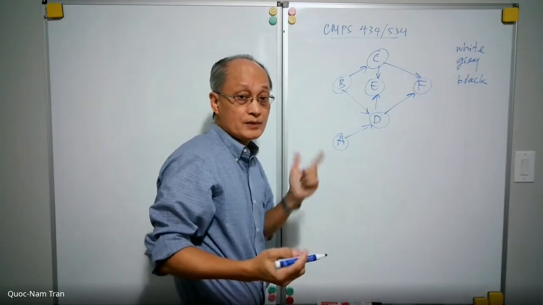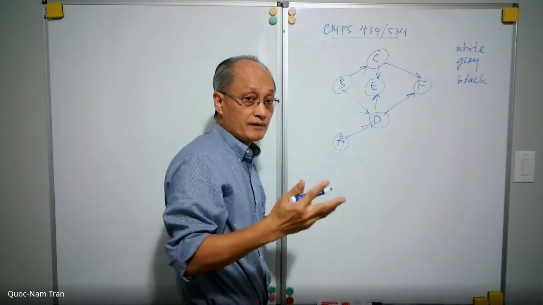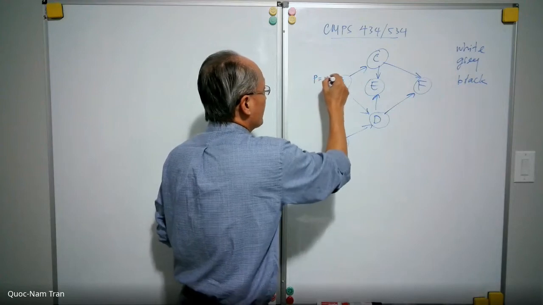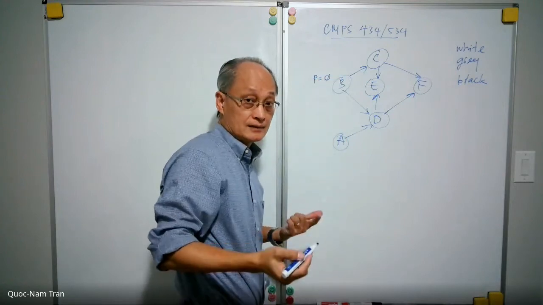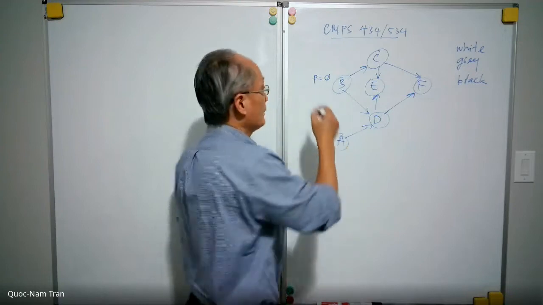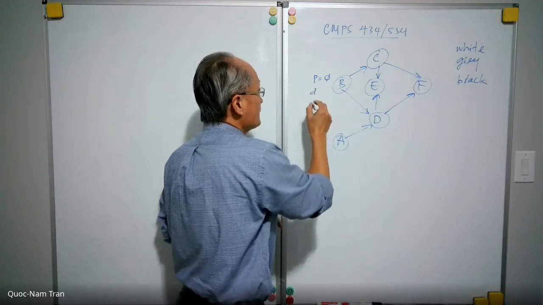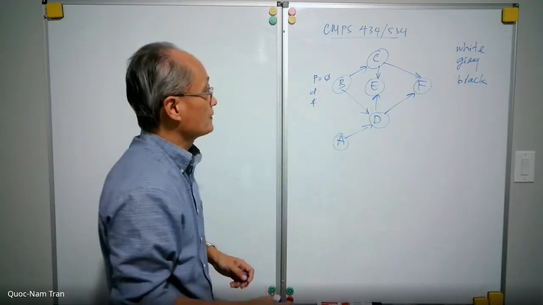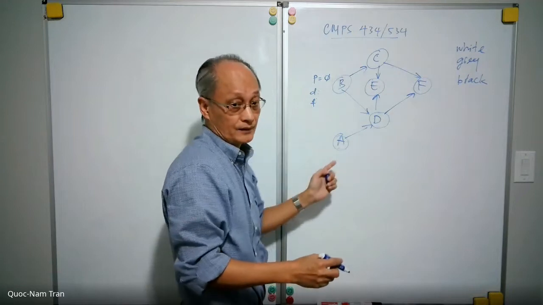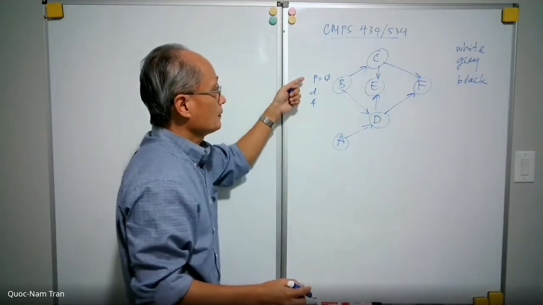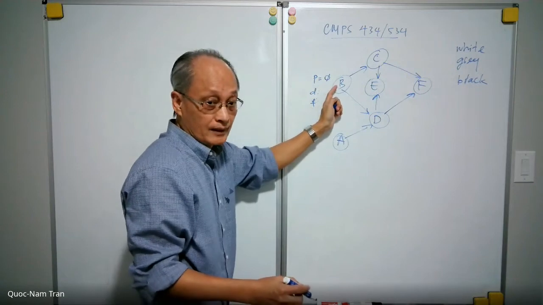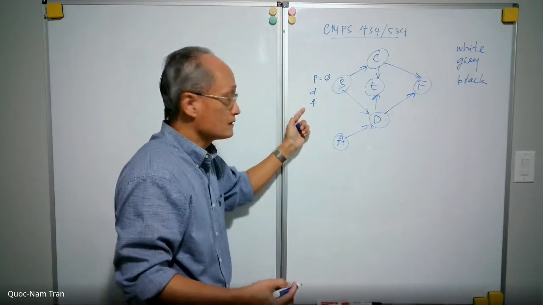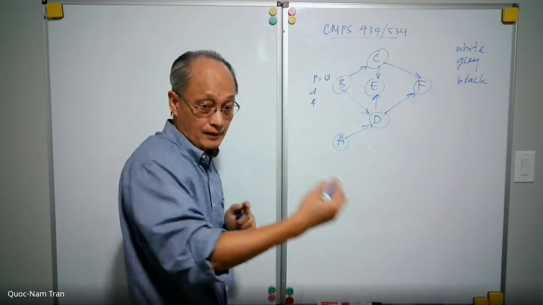And we have a few things for each of the nodes. For each node we will use three variables. So we have the parent. The parent will be set to none at the starting time, right? And then we have the discovery time and the finishing time for all of the nodes. So same thing for the other nodes. Okay, so we keep track of what is the parent of a node, and when we do the depth first search, what is the discovery time and what is the finishing time of the node.